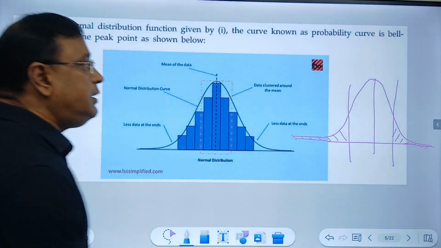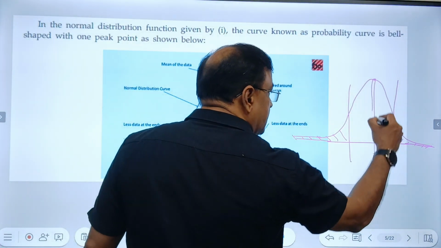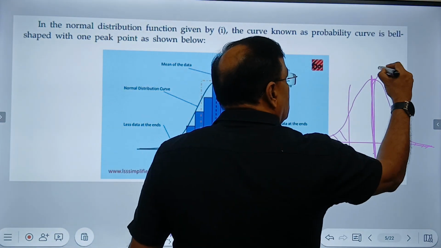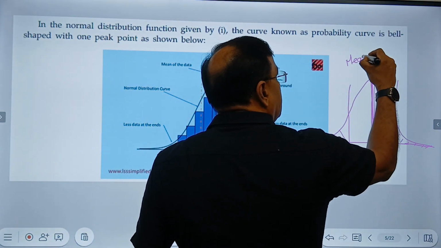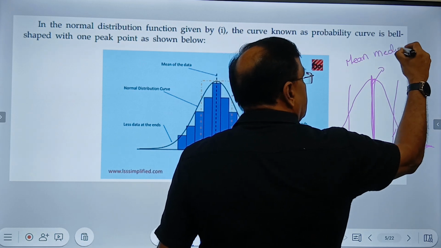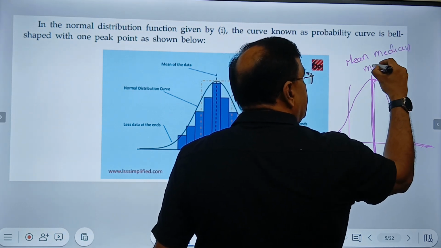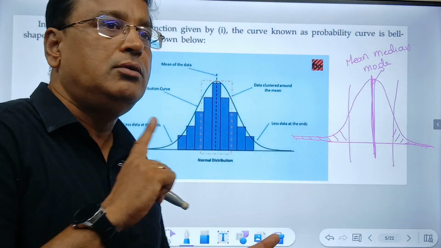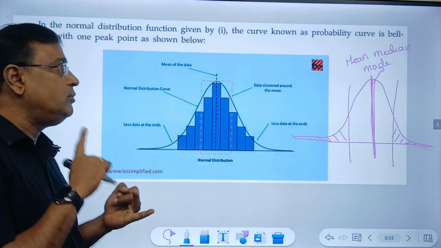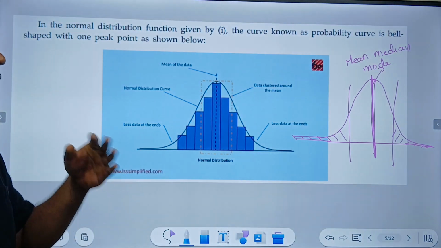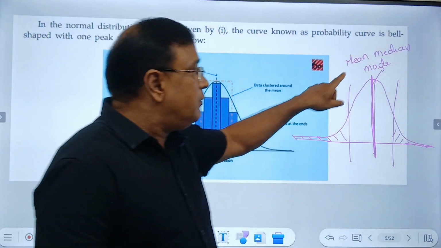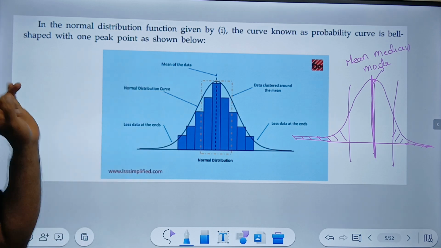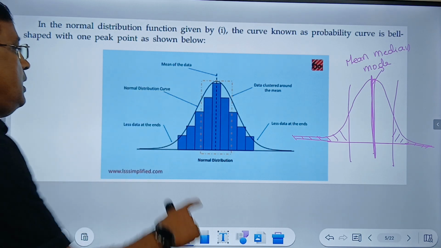And this is a very special line. This is the line of symmetry. At this particular line, you will have mean, median, and mode all equal. Mean equal to median equal to mode. And interestingly, for normal distribution, you will have only one mode, unimodal.